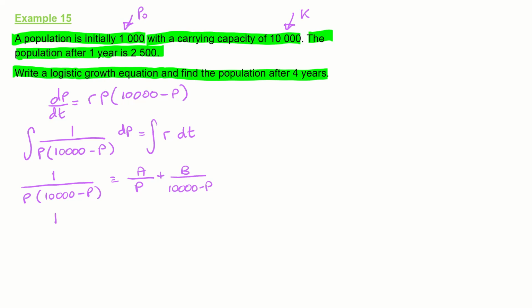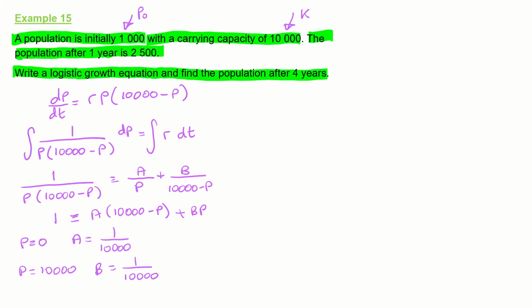Clearing fractions gives 1 equals A(10,000 minus P) plus BP. Using P equals 0 gives A equals 1 over 10,000. Using P equals 10,000 gives B equals 1 over 10,000.